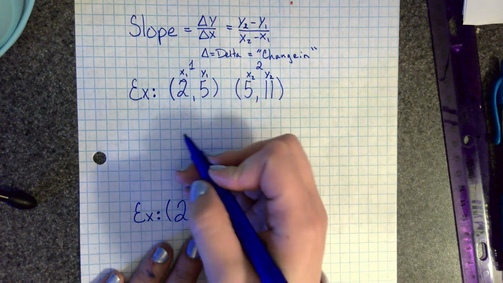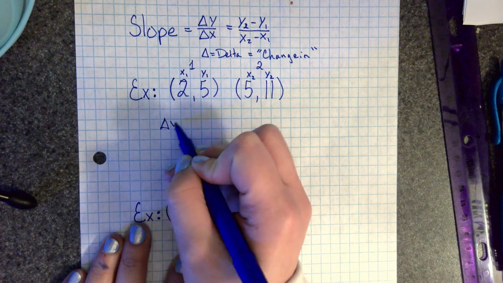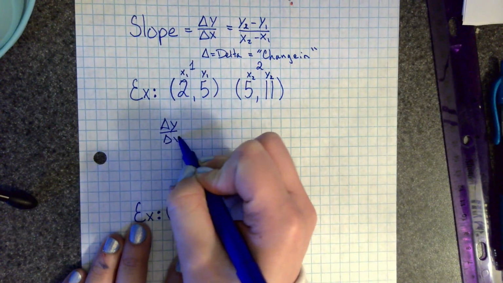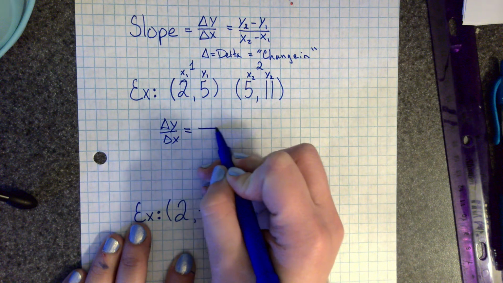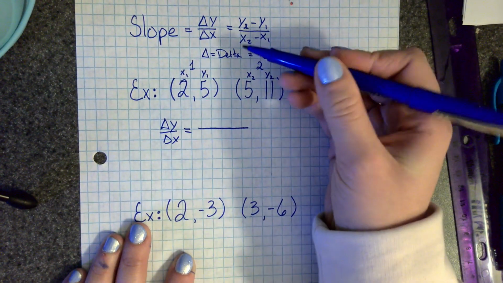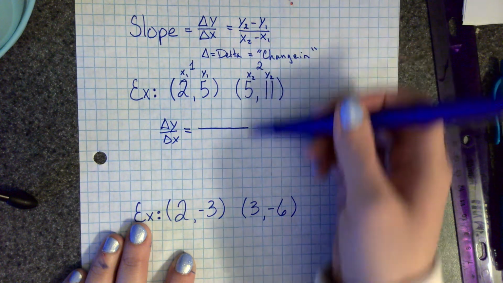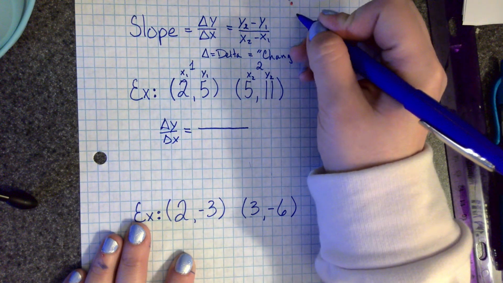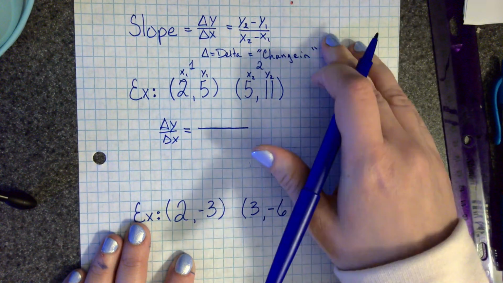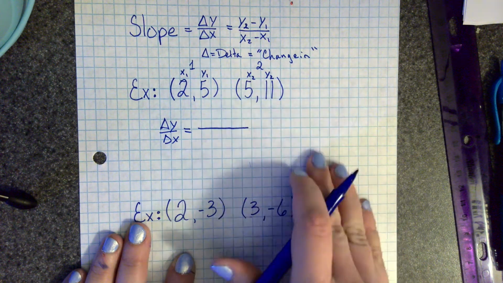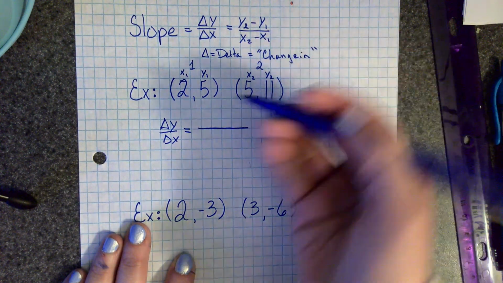So if we take a look here, our change in y over our change in x equals... y's go on top because y's are our vertical motion. So this is derived from that rise over run. Remember, rise comes first and is on top, and rise is vertical. So is y.